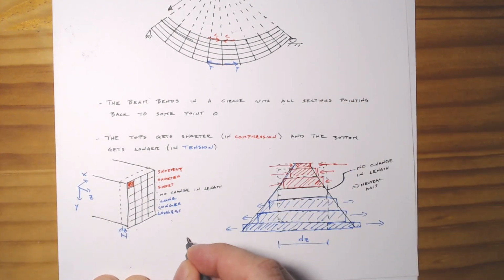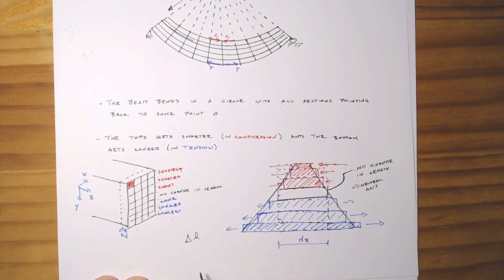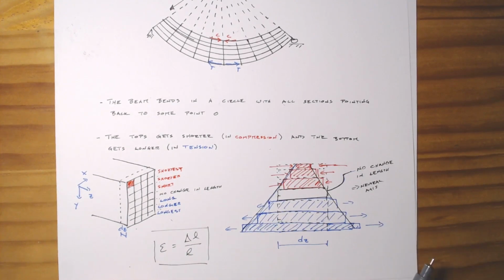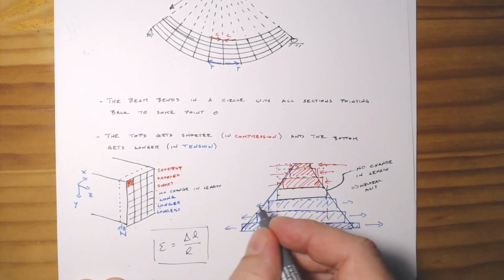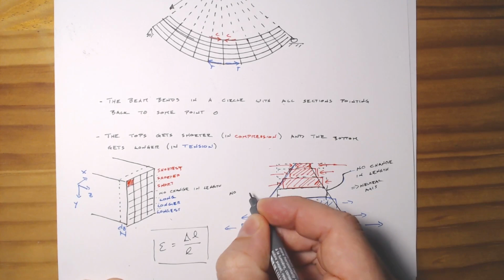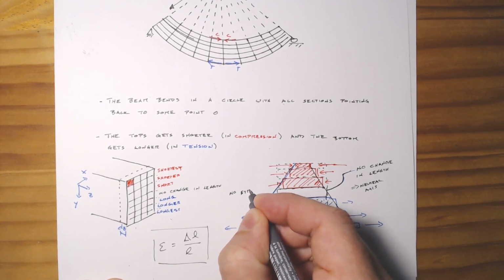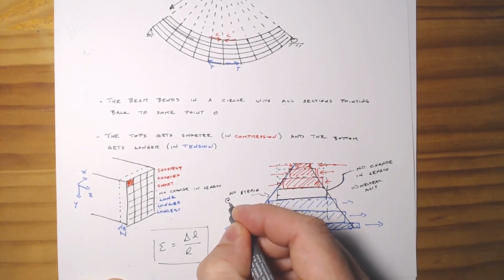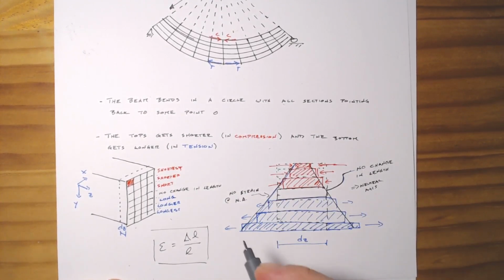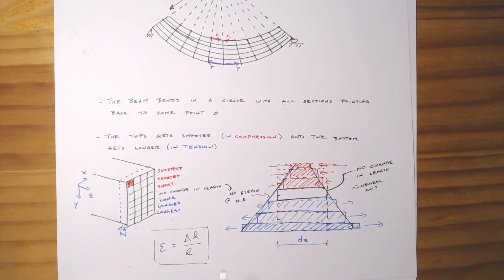So the change of length over the original length, that just equals strain. So all of a sudden, we've gone from some deformation to the structural mechanics concept of strain. And this means that at the neutral axis, there is no strain, because there's no change in length.